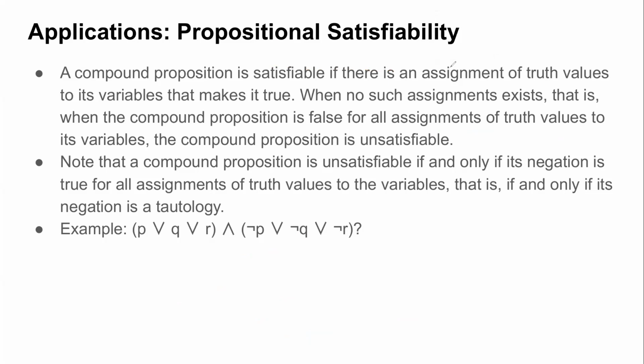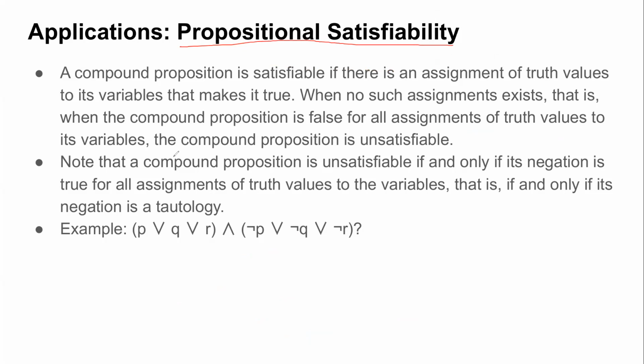Now coming to the last example, which is again very relevant, something called propositional satisfiability. Let's first try to understand, it's a slightly new topic, what we mean by satisfiability, and then we'll see where propositional satisfiability is required in practical applications.